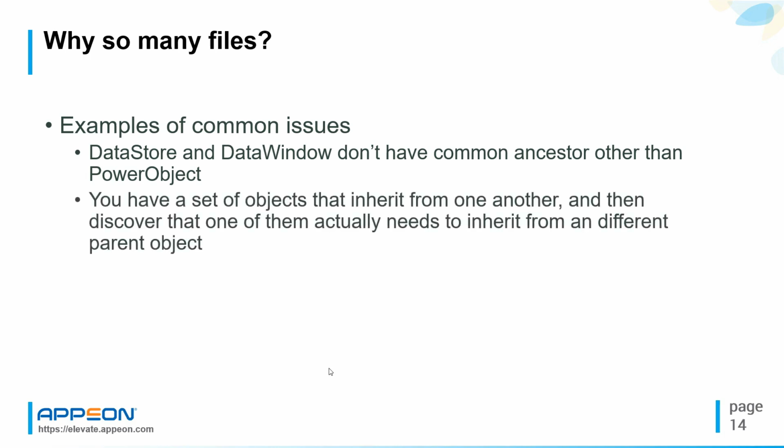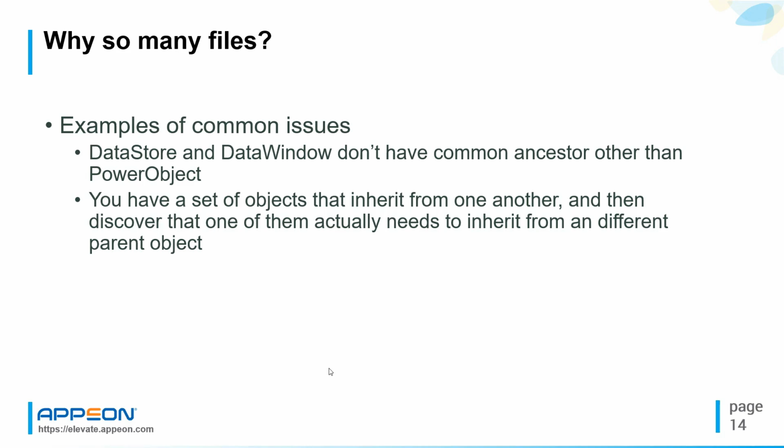Let's say you have another example. This would be in your coding. Let's say you have a set of objects that inherit from one another. You have a class A that has a certain behavior, and then you have a class B that you inherited from that, and then you extended it to have some custom behavior of its own.